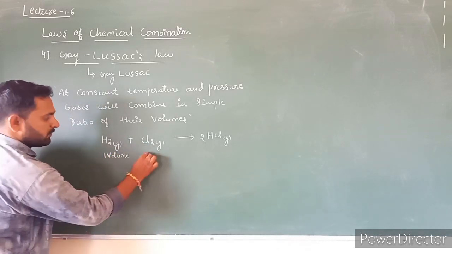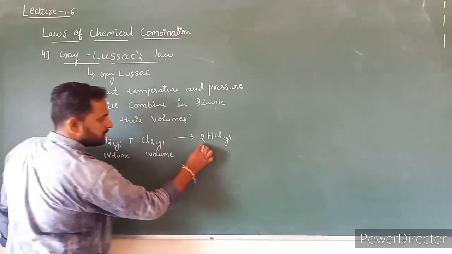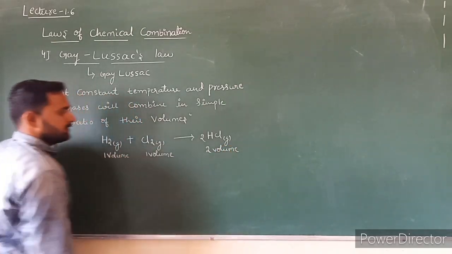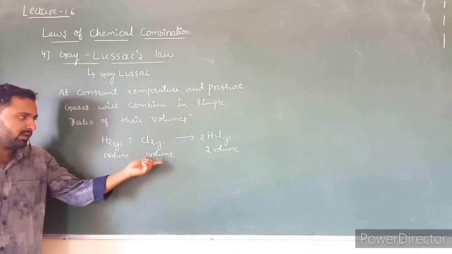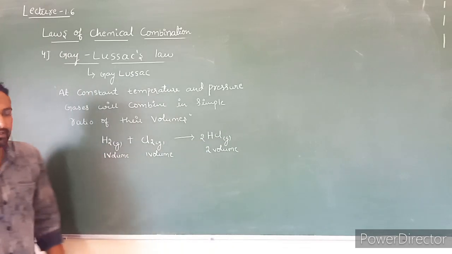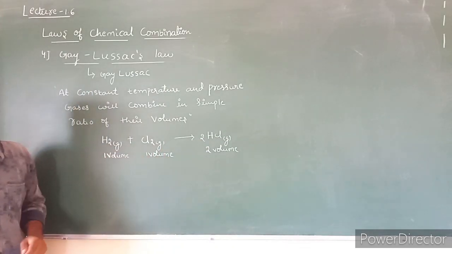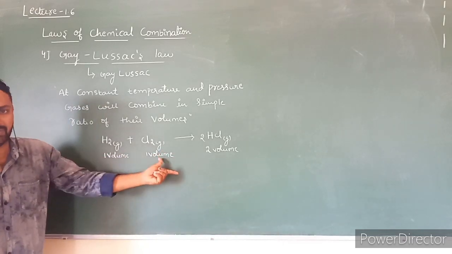Here the coefficient is 1 volume. Here, what is the coefficient? 2. Here, 1 volume of hydrogen gas combines with 1 volume of chlorine gas and it gives 2 volume of HCl. See, here the volumes are in simple ratio. See, 1 1 2, they are in simple ratio.